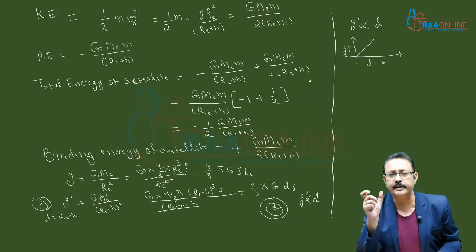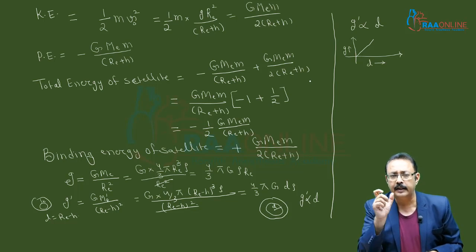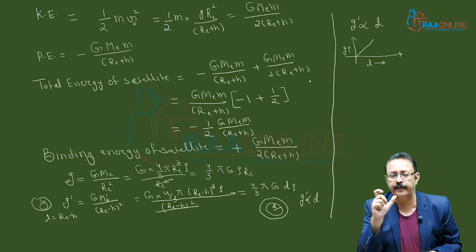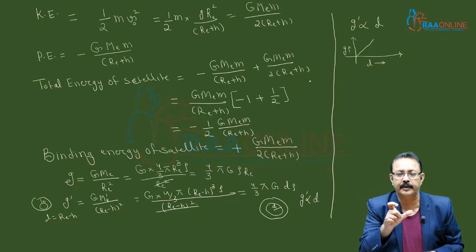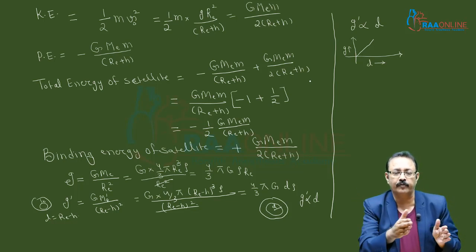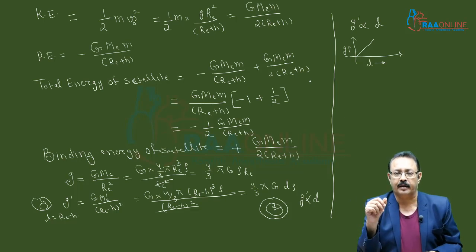So all points are important, but keep in your mind, gravitational potential, gravitational field is just like the electric field. If you have remembered the formula for that topic, no need to learn separately. Same thing you will get here in terms of gravity only.